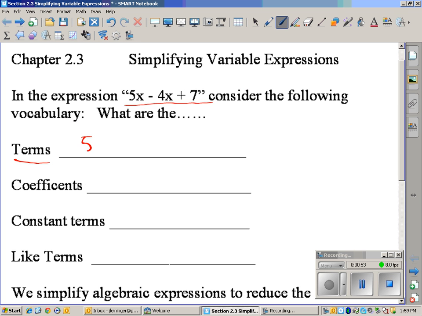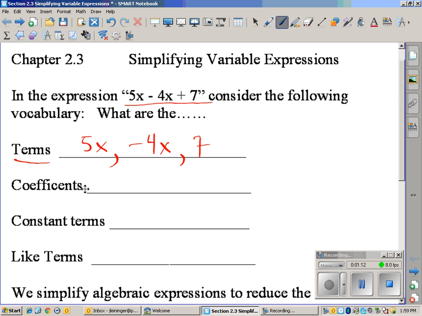So 5x is a term, and then the next piece is negative 4x. The negative goes with the 4x, and then positive 7. There are three terms in this expression: 5x, negative 4x, and 7.